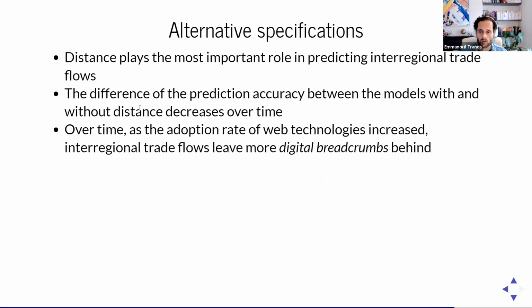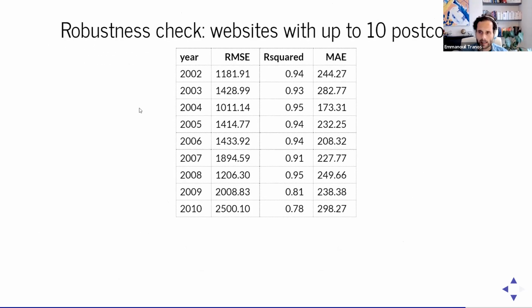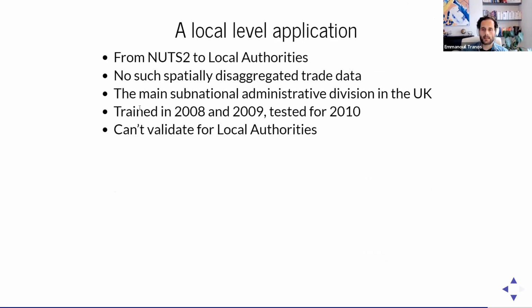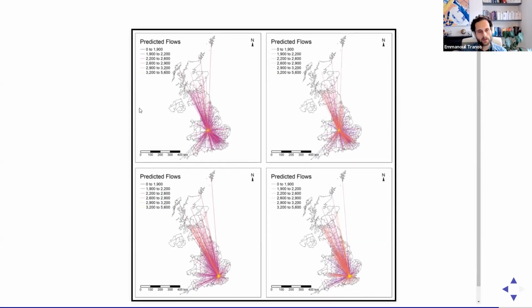We did some robustness checks by using different data sets and different sizes of training data, but the results are fairly the same. And the last thing that we did, and this is what I'm going to close with, we utilized the spatial granularity of our data, and we used the trained models in order to map interregional trade flows at a much lower geographical level.